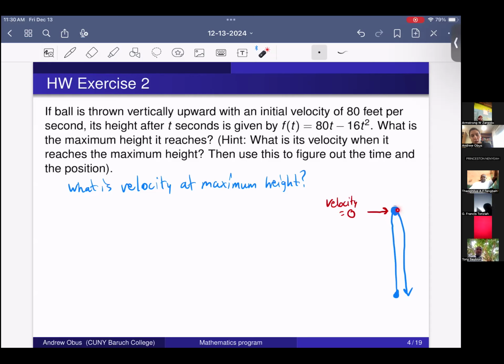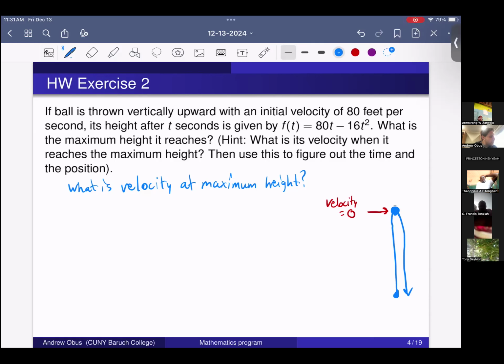And then it starts falling, faster and faster as it falls. But at that moment, right at the top, the velocity is 0. Okay, and so this is a key thing. Anytime you have a continuous motion, whenever the direction is changing, you go from one way to going back the other way, the velocity is always 0 at that point where everything changes. So the velocity is 0 at the maximum height.